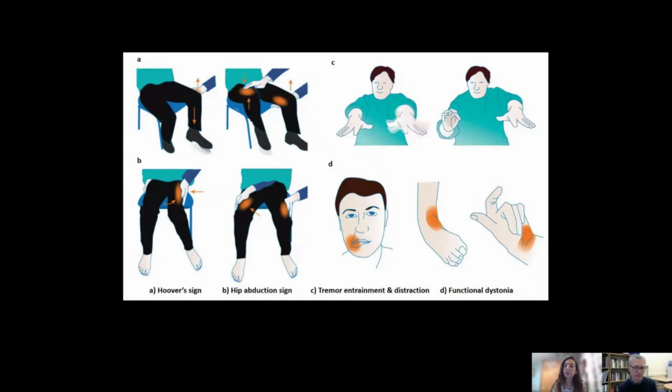This is where if somebody presents with a tremor of a certain speed, if you ask them to do something of a different speed with the other limb, often you'll find that the tremor joins. So if you ask them to tap their head or something, you'll find that they go at the same speed. Or if you ask them to do something completely different with the other limb, there's a moment of distractibility where their tremor will stop whilst they process using the other limb, and then the tremor will continue. And it's that distractibility that doesn't fit with other causes of a tremor.